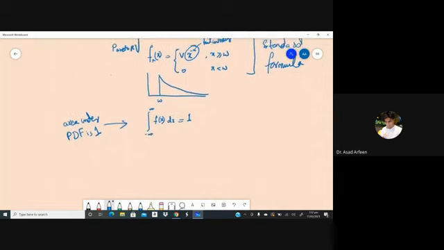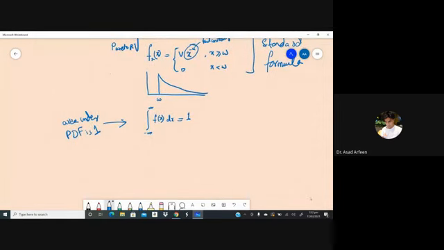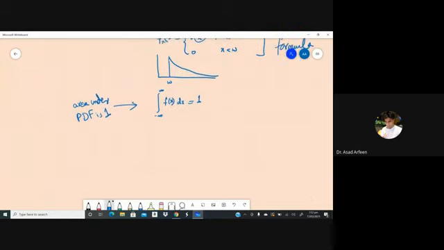So after having said this, I just applied the main fact that the area under the density function is 1. To make it more clear, what is our lower range? Can anybody tell me?